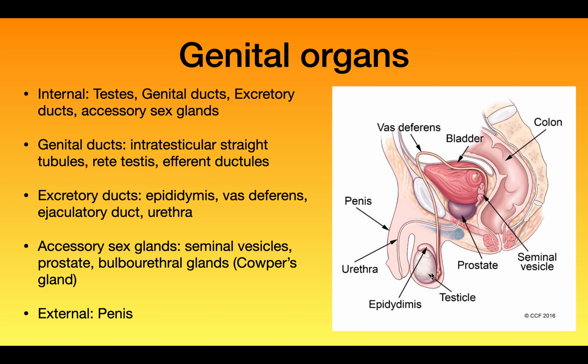As you can see here, the testes lie within the scrotum, and then it has to go through the abdominal cavity, through the prostate, and then it can leave the urethra.